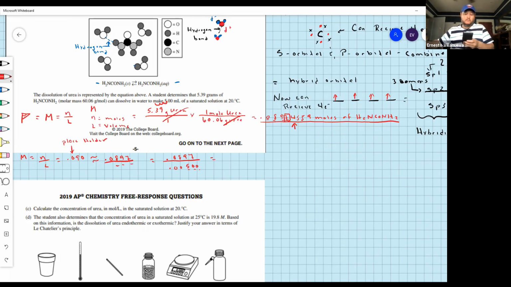That gives 17.94887. This number here takes this one below 5. Therefore, it is 17.9 molar concentration. You get awarded 1 point for that calculation.